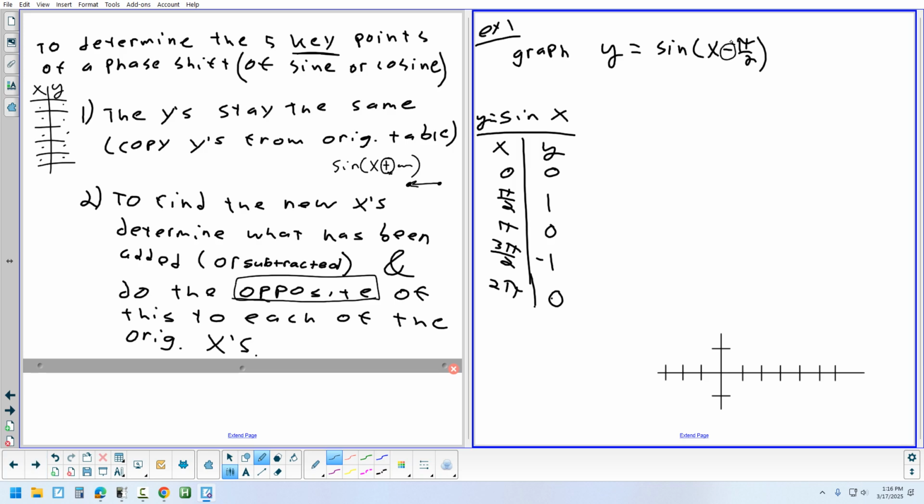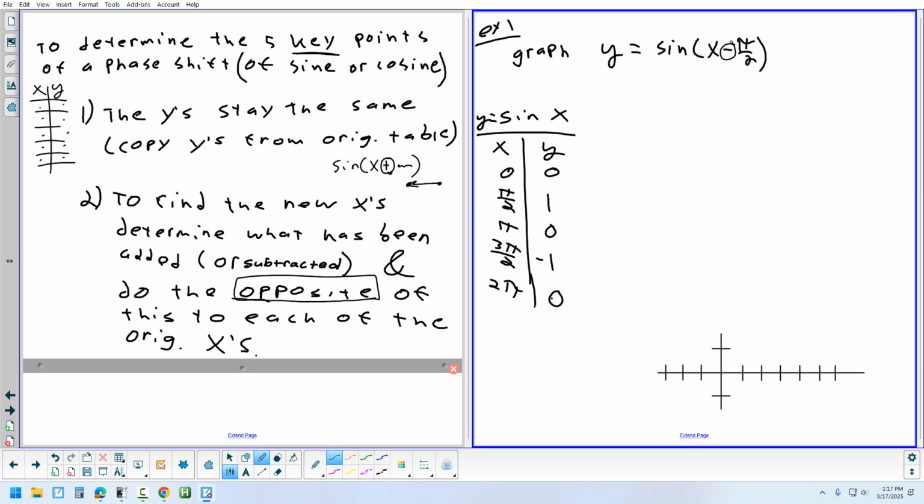The add, subtract, or are we doing multiplication? Adding and subtracting. Yeah, we're doing some kind of adding and subtracting. So that means it's a shift. Is it inside or outside the parentheses? Inside. Inside means horizontal. Outside means vertical. So it's inside, it's horizontal. It's subtraction, that means it's a shift.